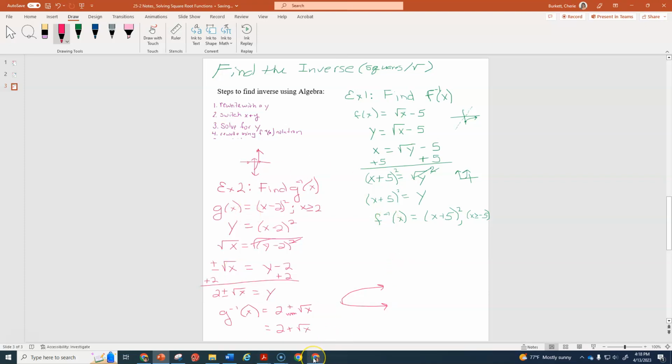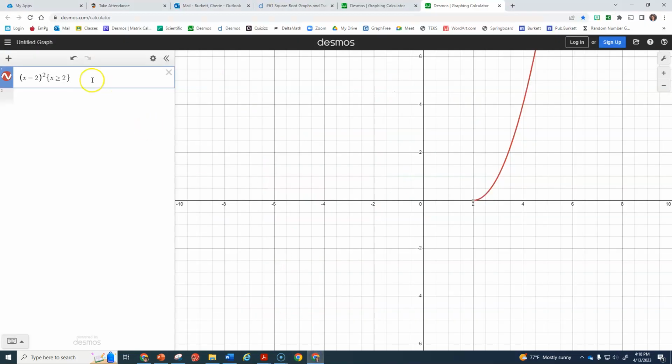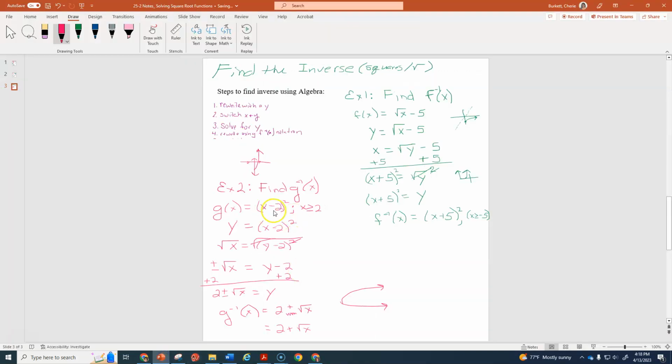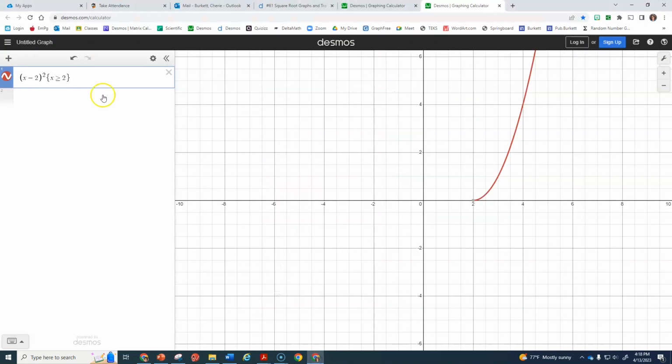And if you jump on over to Desmos real quick, there's the thing that they gave us, x minus 2 squared. Let me make sure that's right. X minus 2 squared. They restricted the quadratic to only include the right branch, the branch on the right. So I did the same thing right here.